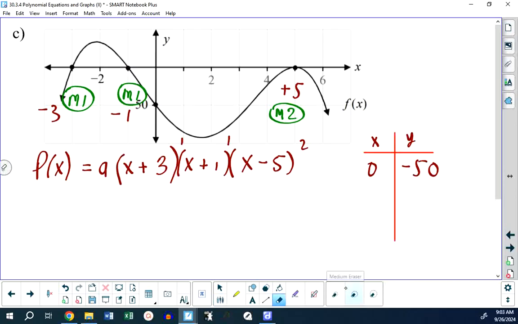If we look at trying to sort this out based on a y-intercept, how many of you see, with a bit of thought, that the constant term with an a value of 1 would be 75? 3 times negative 5 times negative 5 times 1, positive 75. So I'm capable right now of saying that I have to multiply 75 by negative 2/3 to turn it into negative 50. I'm confident in that.